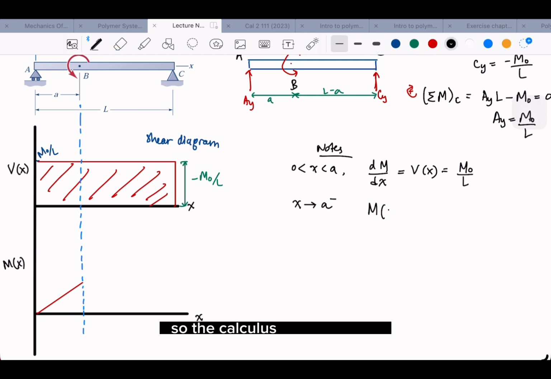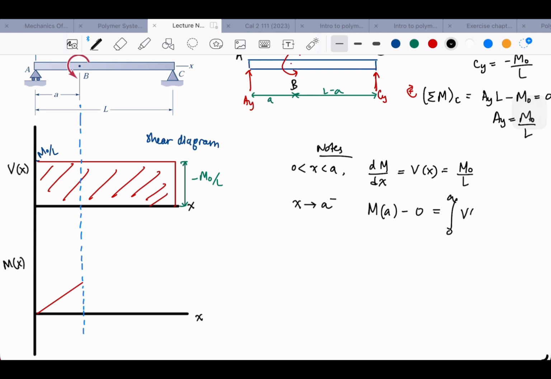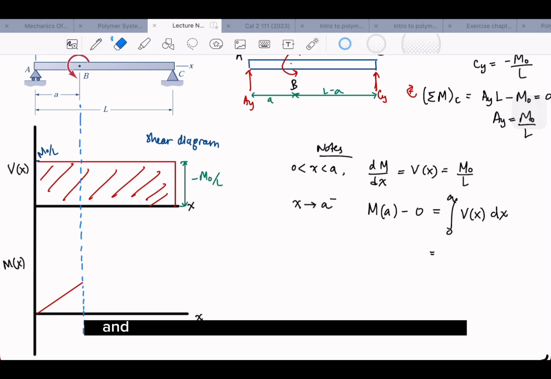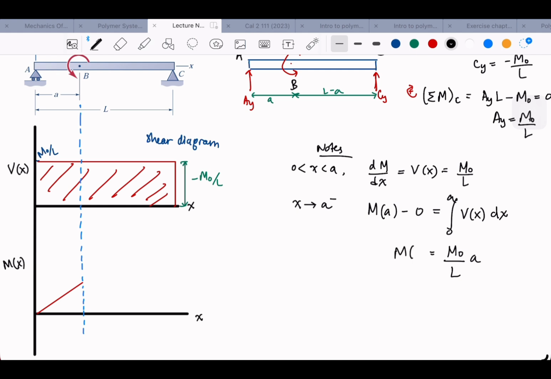So the calculus from 0 to a is taking the integration of V. So V dx, because it's a constant, we just take the dx as x to the integration. So this is going to be M0 over L multiplied with A. Okay, so this will be the MA.